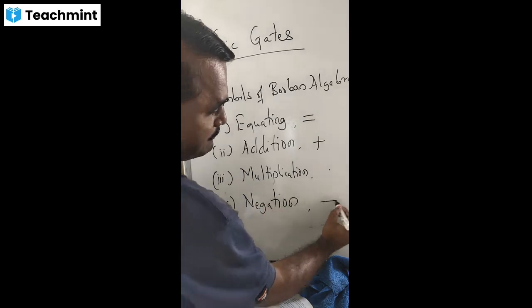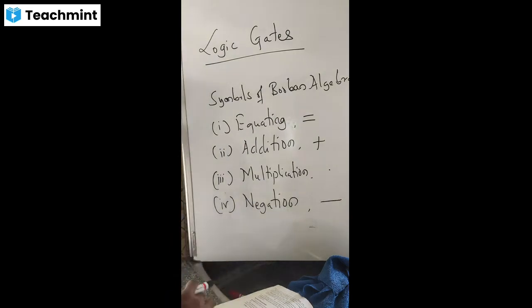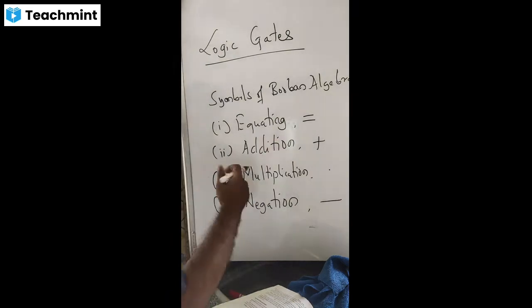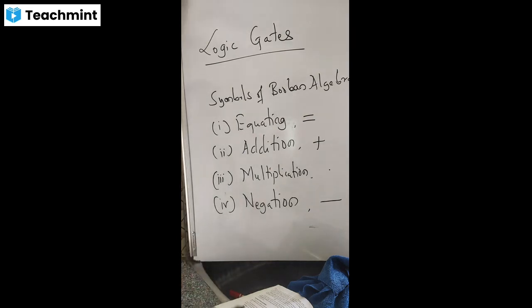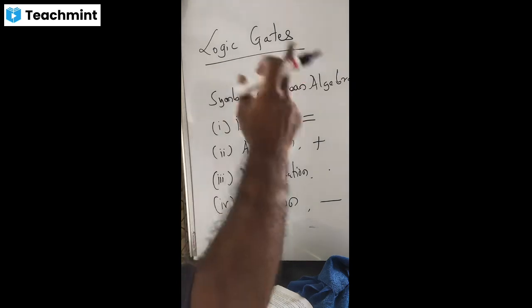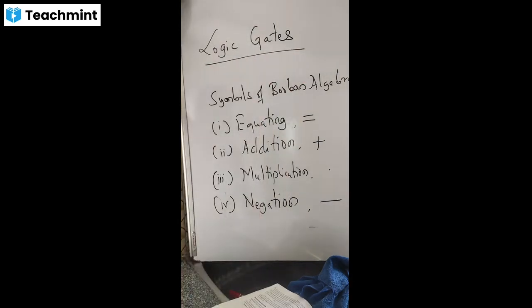Negation means bar. Very interestingly, equating, addition, multiplication, and negation means inverting. Inverting means whatever we feed, the opposite of that you are going to get. When examples come, I will explain: whatever we give as input, the opposite of that will come as output.